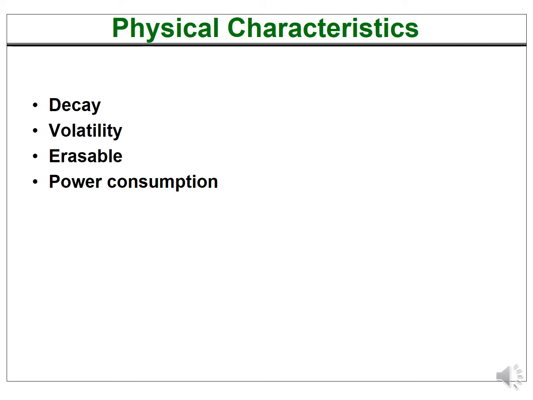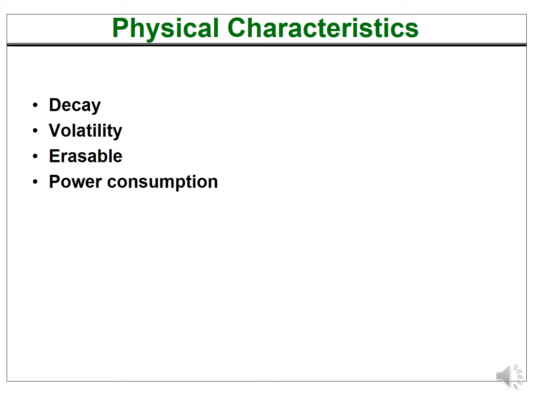It can either be made with the help of a capacitor, or it can be made with the help of a transistor. Capacitors are inherently smaller as compared to transistors. Now if I manufacture a RAM cell with a capacitor, that means I can fit more capacitors into the same area as compared to transistors.